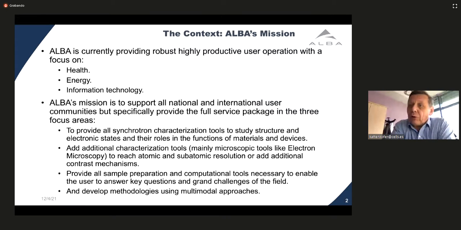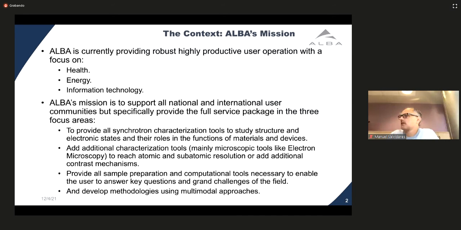So first of all, as you may know, ALBA is now nearly 10 years operational, and we have a very productive user program. Over the years, you can see that the program itself has focused a lot on health, energy, and information technology.